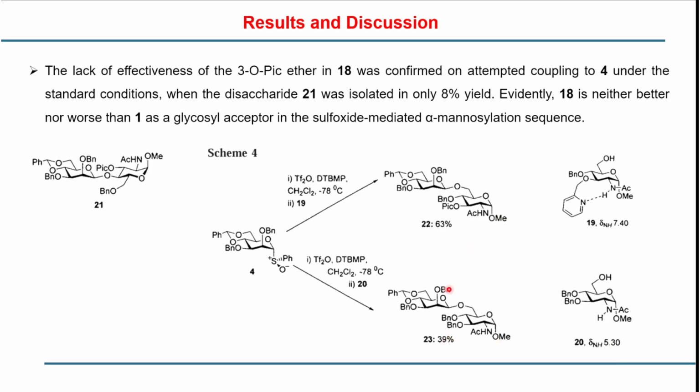So this yield is about 50% more than for 20. So there is a role of intramolecular hydrogen bonding that will disrupt the intermolecular hydrogen bonding. If there is no intermolecular hydrogen bonding, that will ultimately lead to a more reactive acceptor.